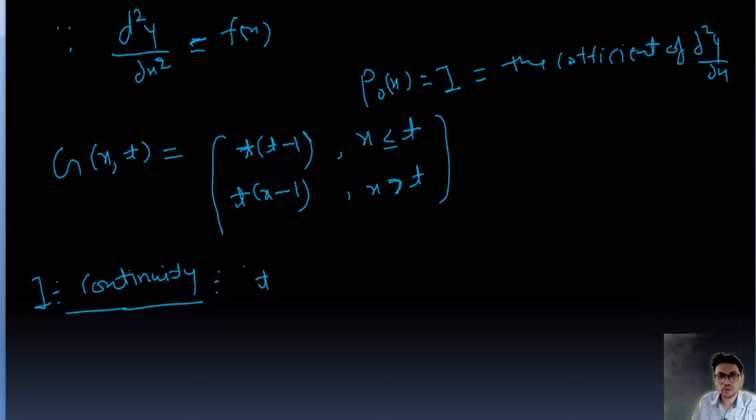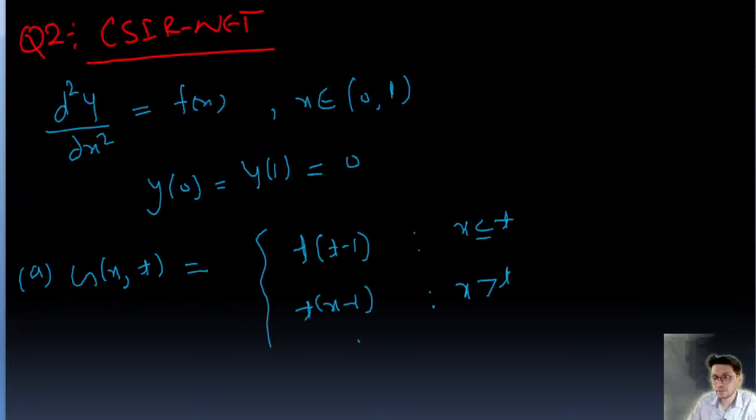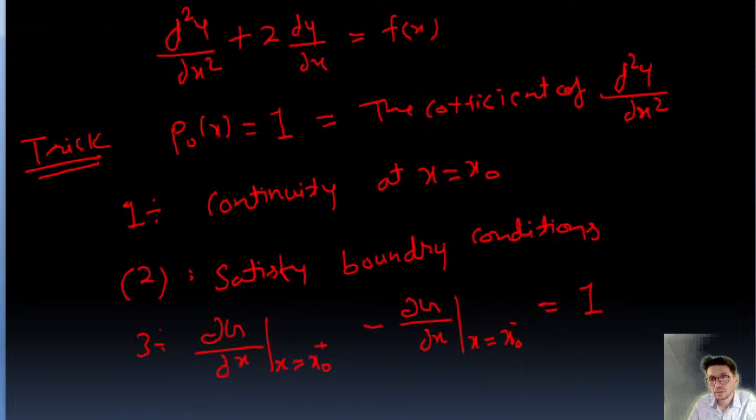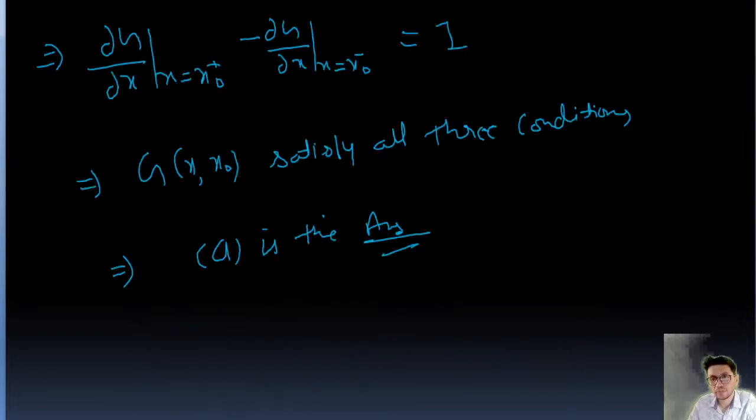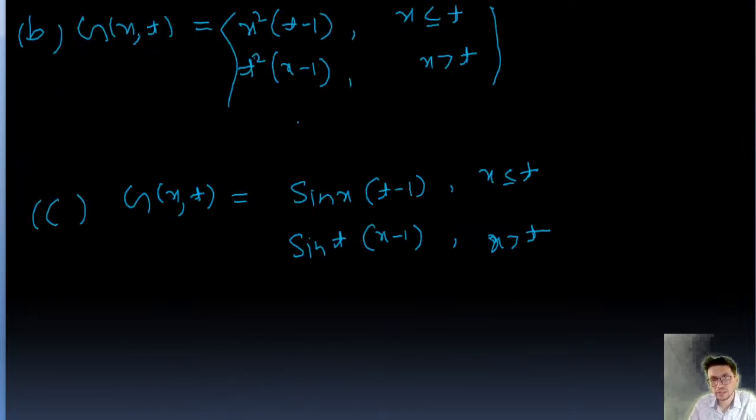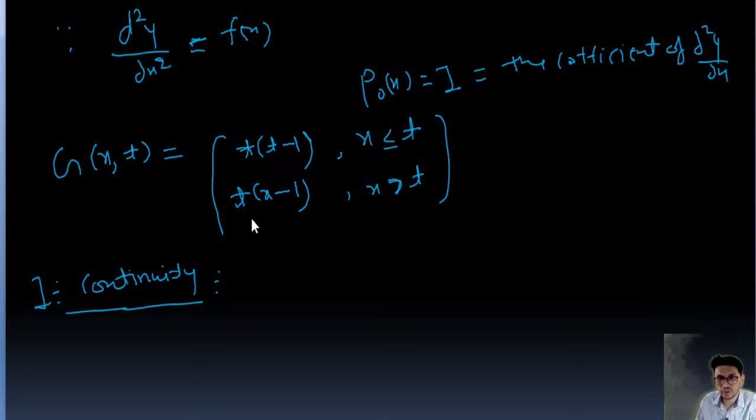So first we are going to check continuity at x equal to x naught. For the value of x, we'll write x equal to t. Now continuity, putting x equal to t.